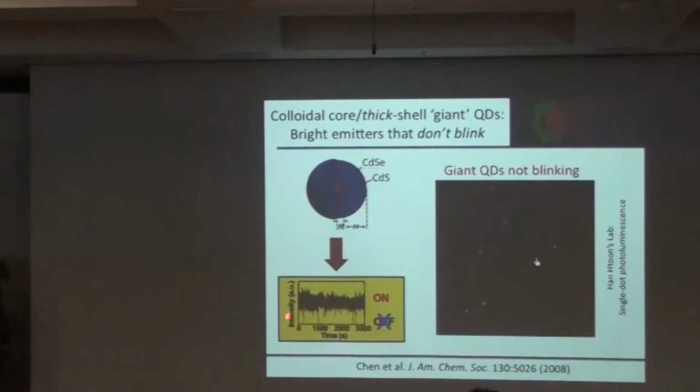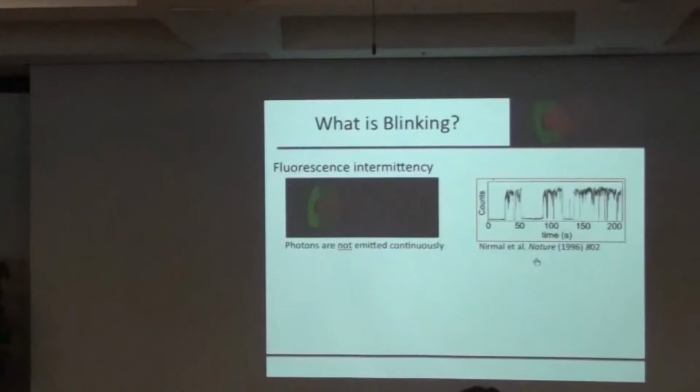And so this is a single quantum dot time trace of intensity versus time, and you can see the non-blinking behavior as well as the non-photobleaching behavior. And so fundamentally, a new type of quantum dot with respect to function that I would argue has important ramifications for biology.